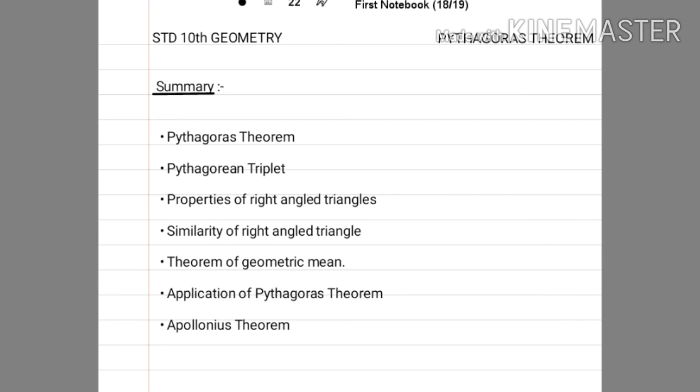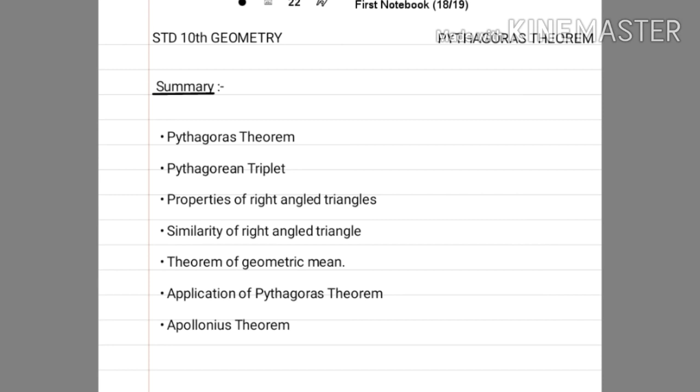The properties of right angle triangle, in which we learned the property of 30 60 90 and the property of 45 45 90. In 30 60 90, the side opposite to the 30-degree angle is half of the hypotenuse, and the side opposite to the 60-degree angle is root 3 by 2 times the hypotenuse.